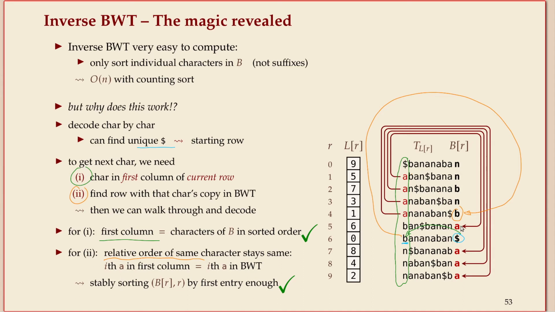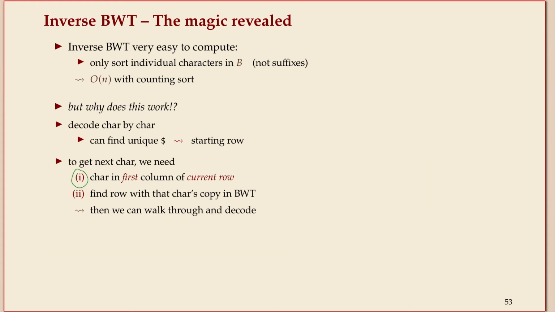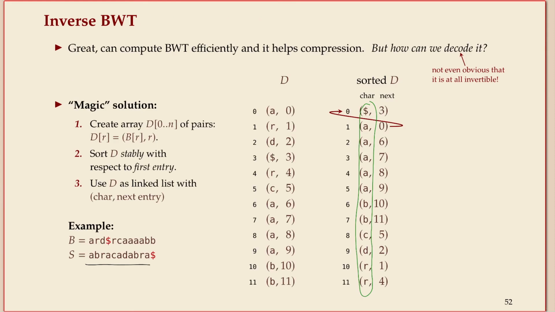Okay? So because this was sorted and the A is the same, the order of what follows these guys stays the same if we take the A away. So the first A in the sorted order here has to map to the first A in the BWT. And that again is something we implicitly did in the algorithm here by keeping track of where these positions are.